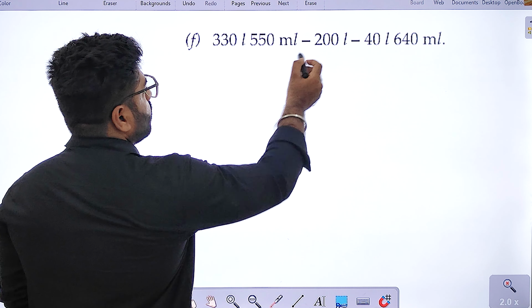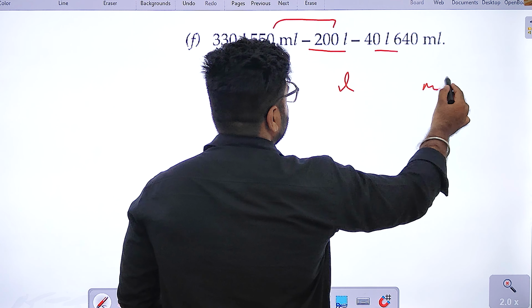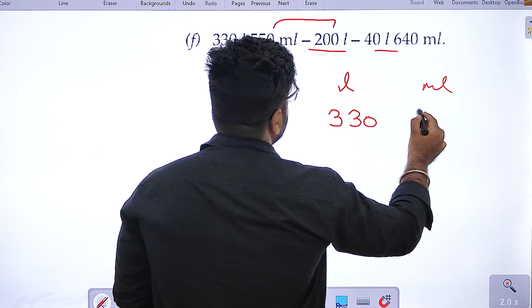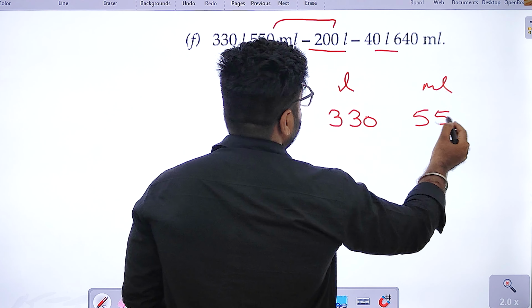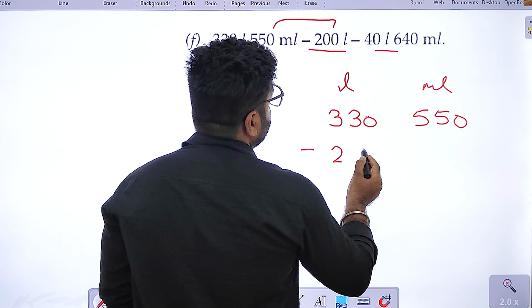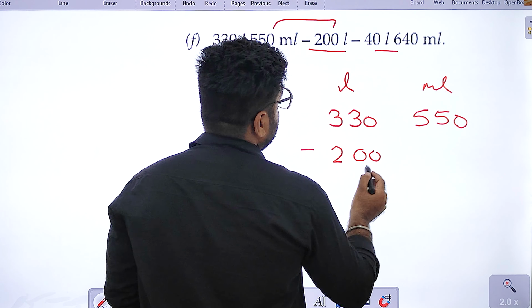So here we are having liter and milliliter. So first 330 liter and 550 milliliter. So we are going to subtract only 200 liter from here. So there is no milliliter, so we are putting here 0. So we are having that is 550 and 0, 3, 1.